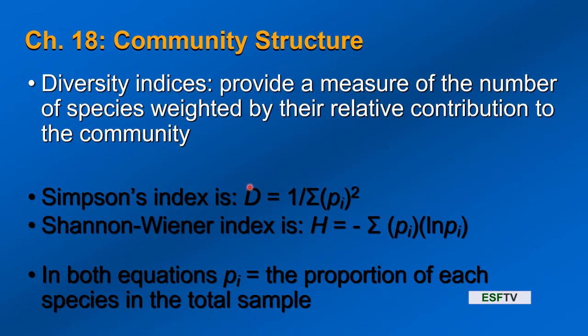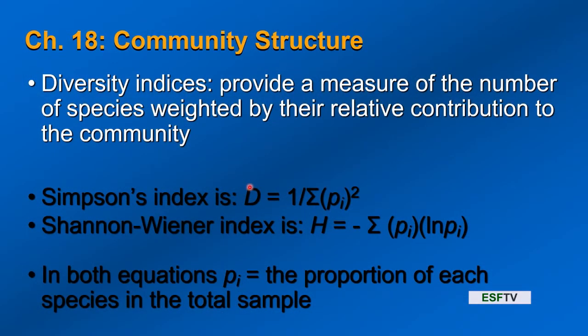All right, now we're going to look at how to measure abundance beyond that reverse J-shaped curve. I'm going to power through here. So there are two main diversity indices.